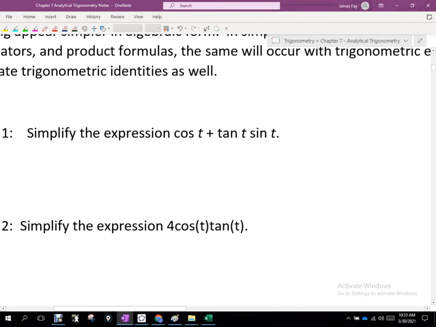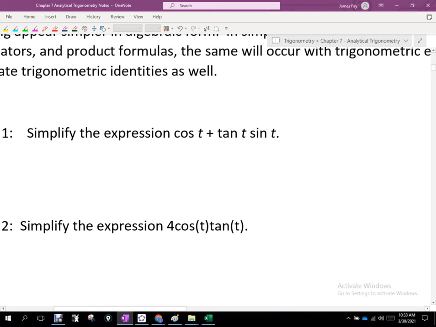Sometimes they will specify. They'll say express the following in terms of only sine, or in terms of sine and cosine, or something like that. They might add extra details to the directions to tell you how far to go. But if they don't, the assumption is you go as far as what is possible.